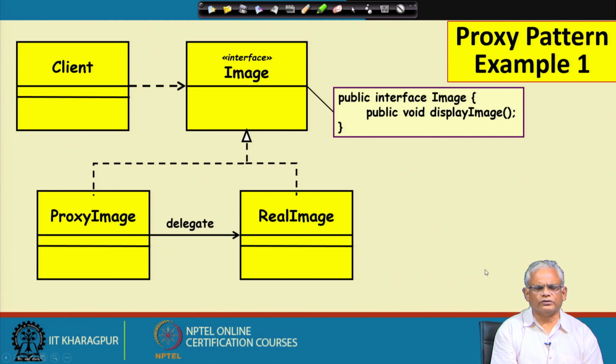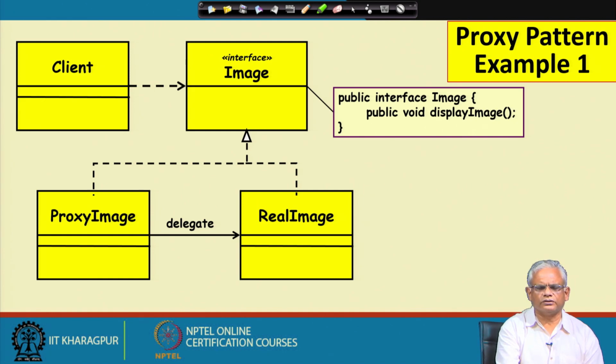Now, let us look at the code for that. The image interface is implemented by the proxy image and the real image. Proxy image holds a reference to the real image and delegates when necessary.